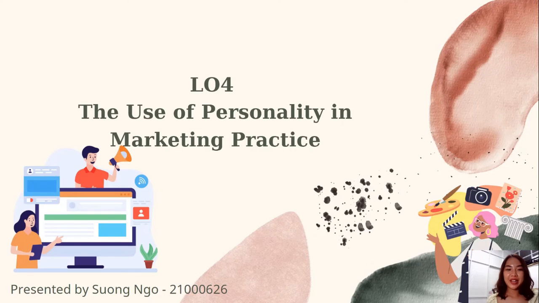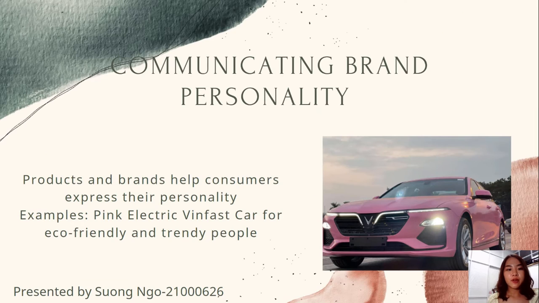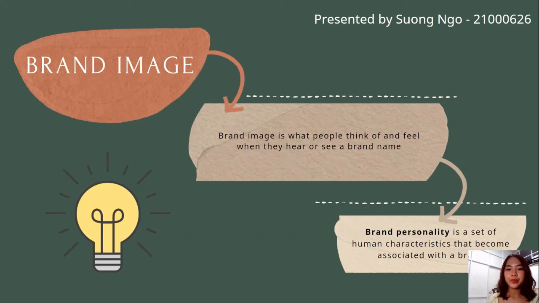Hi teacher, my name is Soon and thank you for your part. Now I would like to talk about learning objective 4, the use of personality in the marketing process. First of all is communicating brand personality. Products and brands have personalities that consumers assess. For example, being electric, VinFast car is for eco-friendly and trendy people.